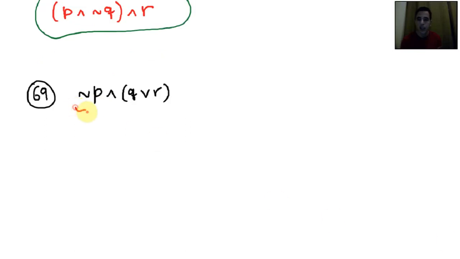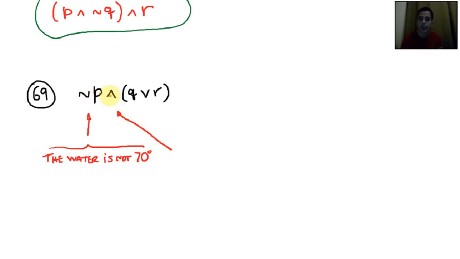This little piece here is the opposite of P. P is the water is 70 degrees, so this would be the water is not 70 degrees. Let me write it this way. Now we have the caret, which means and. Then here's a group in parentheses, so we can put a comma here to separate it from the rest.